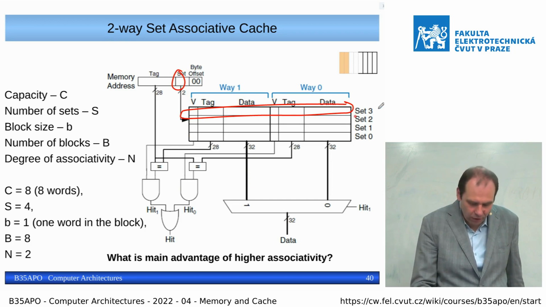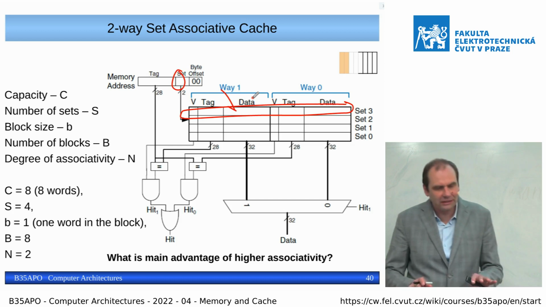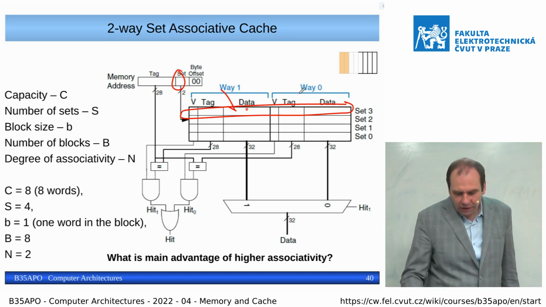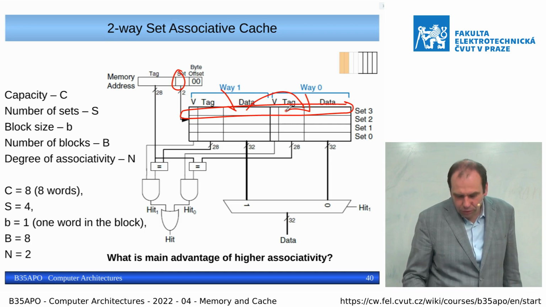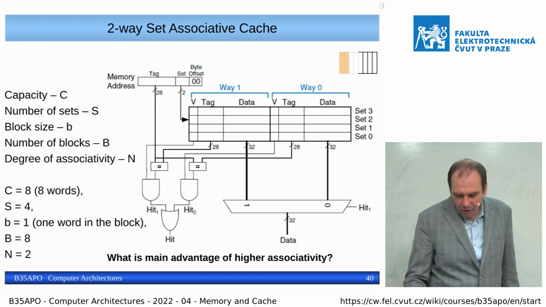We have only 4 sets. But in this case, if there is a collision, so basically if we work with 2 addresses which are mapped to the same row in the cache, we have the chance to use another way for those data.